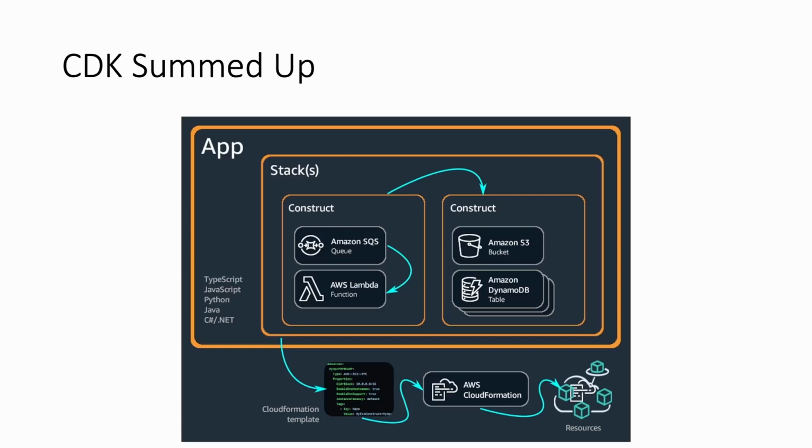Constructs eventually map to the actual AWS infrastructure resources that get created. The way the CDK process works is it takes your code and it synthesizes CloudFormation templates. And then from there on, we use the CloudFormation service to create infrastructure resources based on the templates.